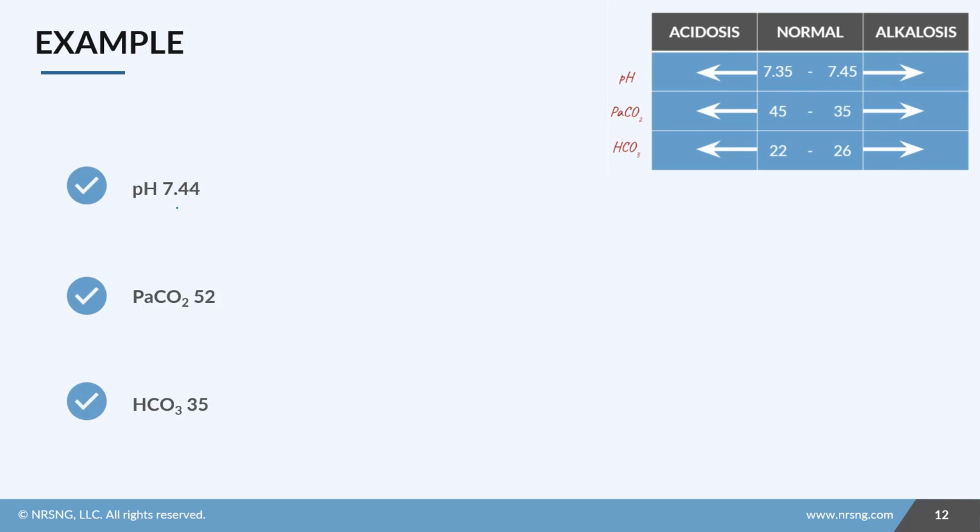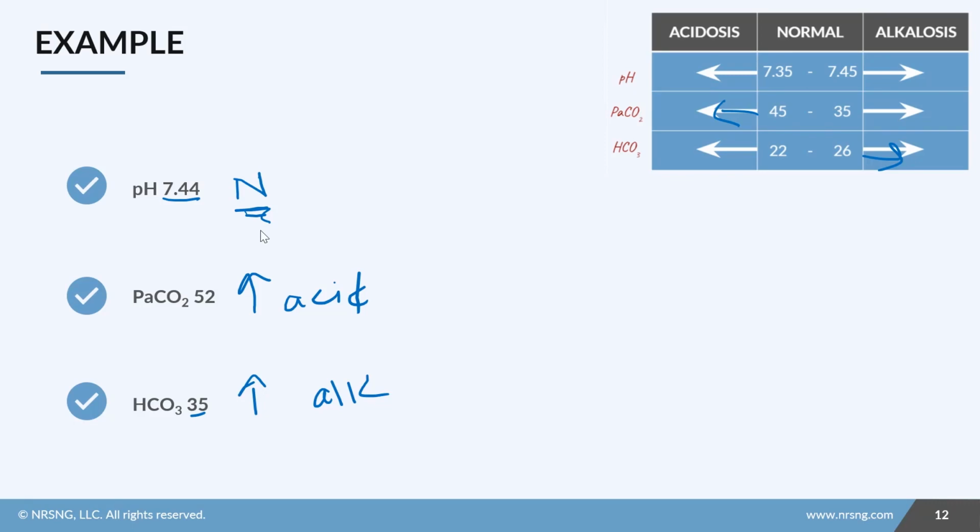Step 1, pH of 7.44. That's normal. A PaCO2 of 52. That is high. That's acidosis. A bicarb of 35. That is also high, which represents alkalosis. All right, so this is where you have to use your critical thinking skills. My pH is normal, but both my PaCO2 and my bicarb are abnormal, so there is something wrong, right?